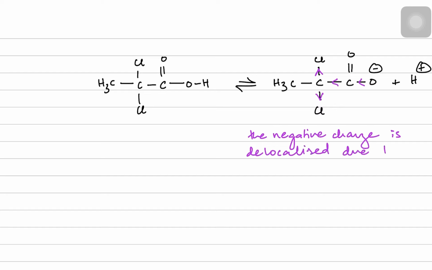So the negative charge is delocalized due to the electronegative chlorine atoms which are present as part of the acid molecule.